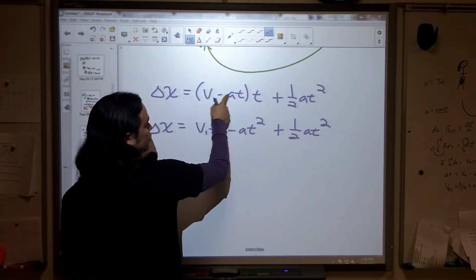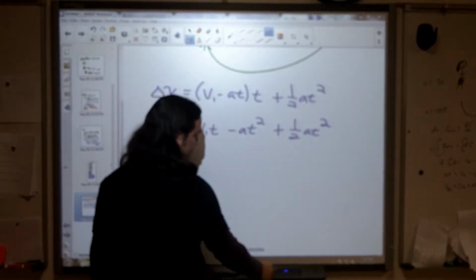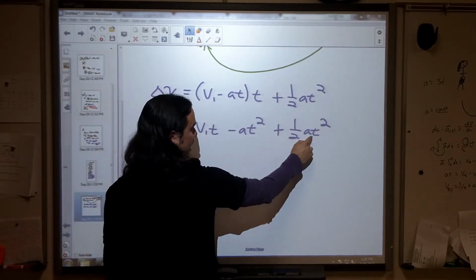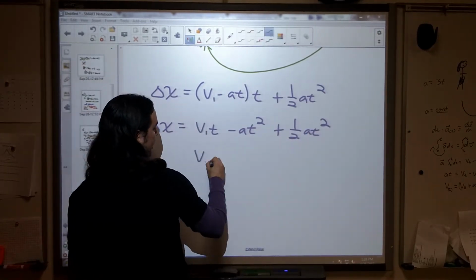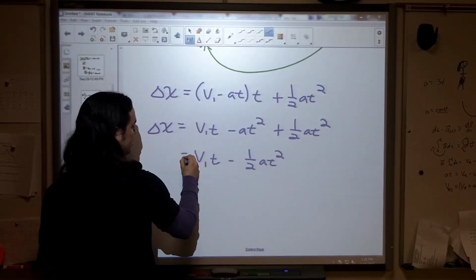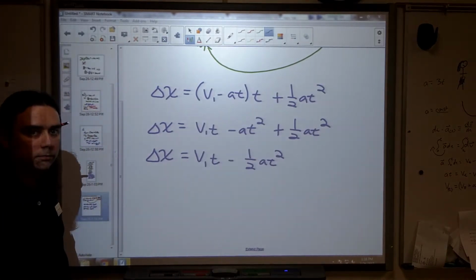You'll notice that I'm going to distribute this t. There's a t here, and then this t becomes a t squared. Well, I've got minus at squared plus 1/2 at squared, so what I'm going to end up with is minus 1/2 at squared. There's the third equation.